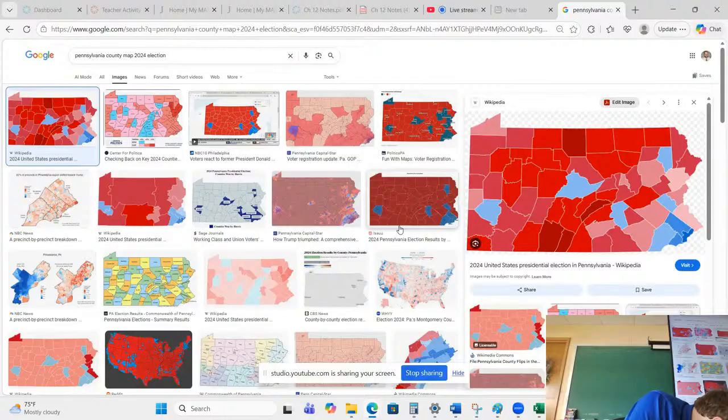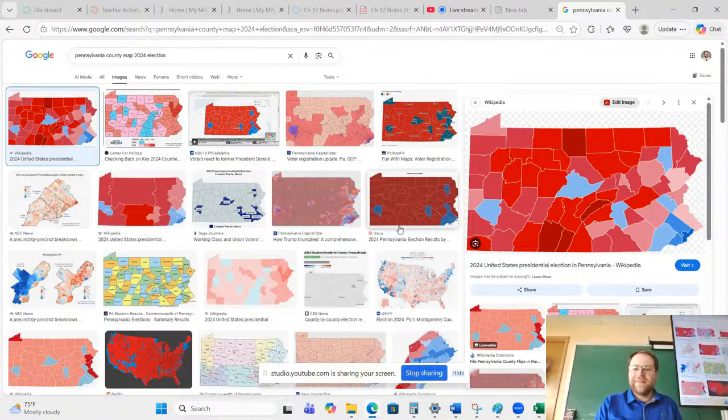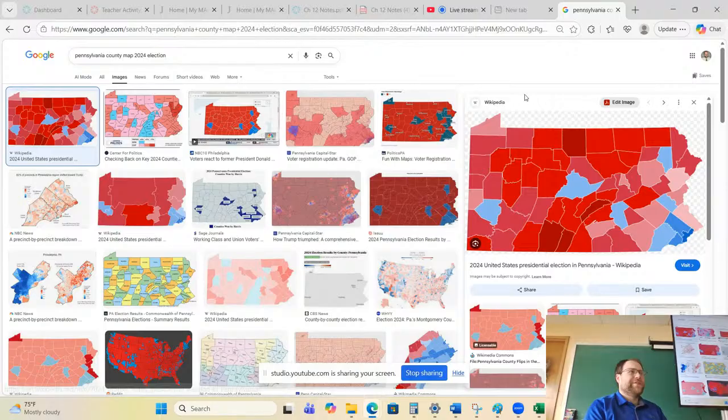But because all of the blue counties in number, not in population, but in number, are outweighed by red, Pennsylvania is a red state, even though the population of the blue counties vastly outweighs the reds. And interestingly, the darker the colors are, the more of a difference there was, the more leaning they are towards that side.